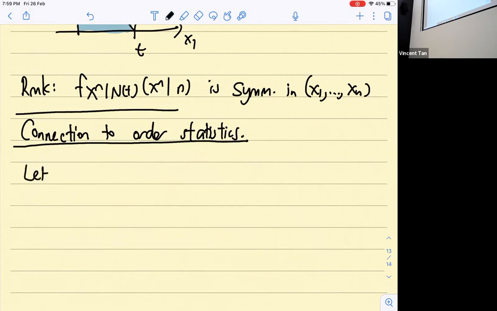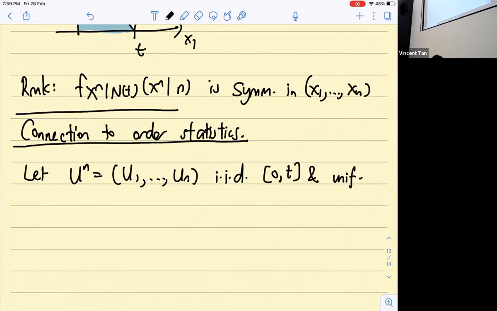Okay, so now let U1 up to UN, as I mentioned, be just a sequence of random variables that are IID in (0,t] and uniform. Let me be precise here: the left-hand side is open and the right-hand side is closed.